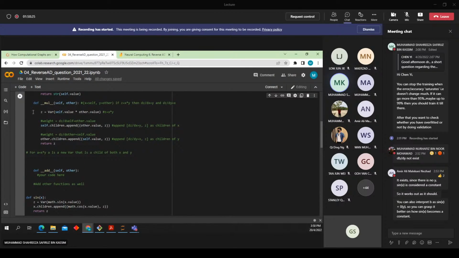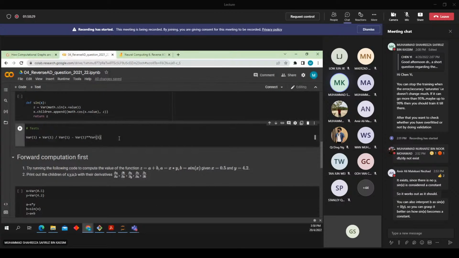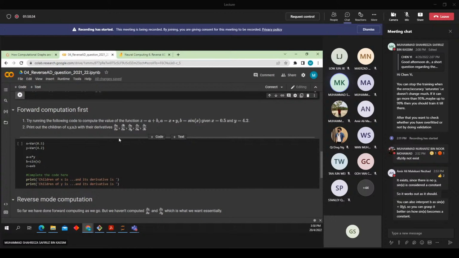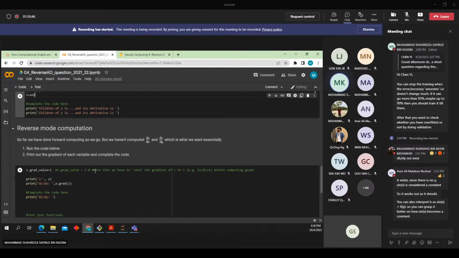You managed to code the methods, the overriding methods, and this has no errors, right? Then when you do the forward computation, you'll see how the children of the variables are stored and so forth.